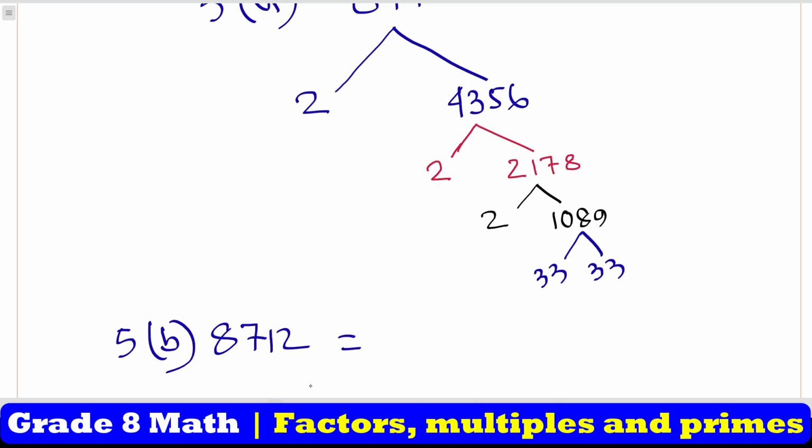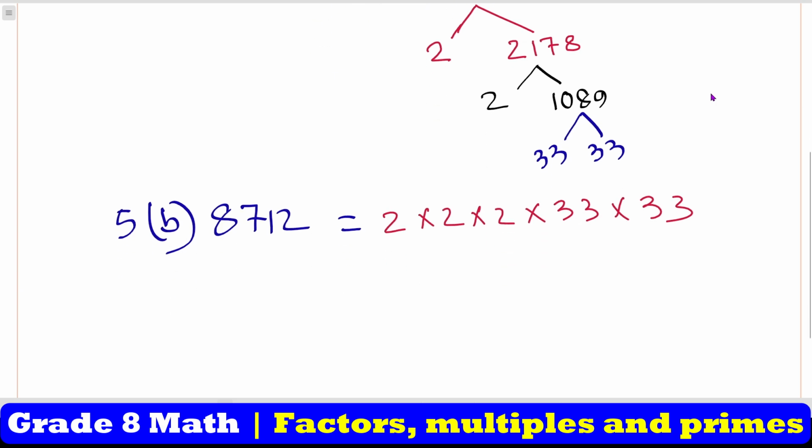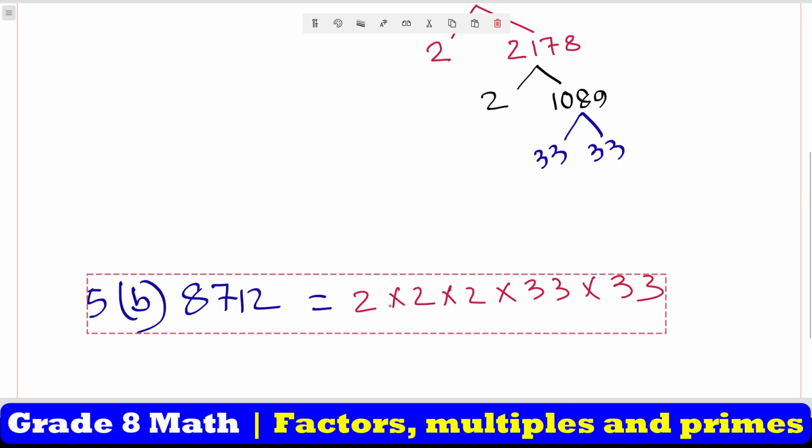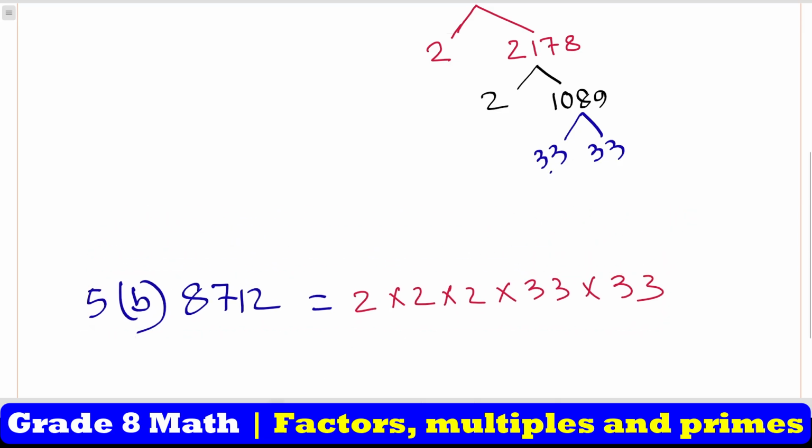8712 can be written as 2 times 2 times 2 times 33 times 33, right? Very simple. This 33 we can break down further into 3 and 11, 3 and 11.